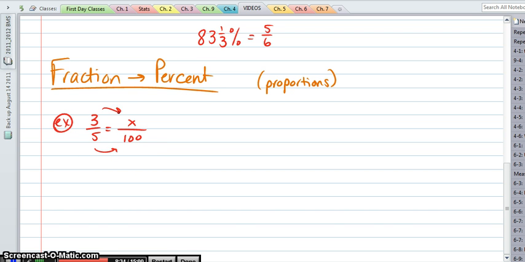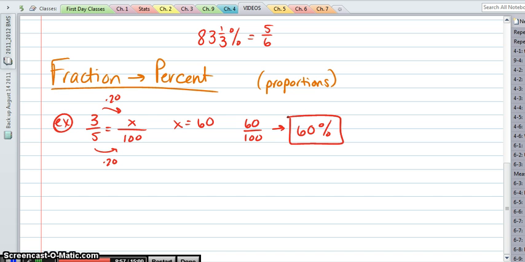I don't have to cross multiply because 5 going into 100, I'm sure you can figure that out, right? That's 20 times. So 3 times 20 gives me 60. You can't just leave it 60. We're going to a percentage, so 60/100ths is fine, but as a percent, this would be 60%.